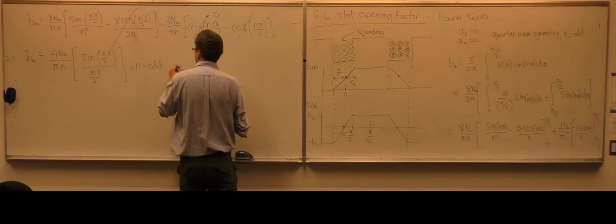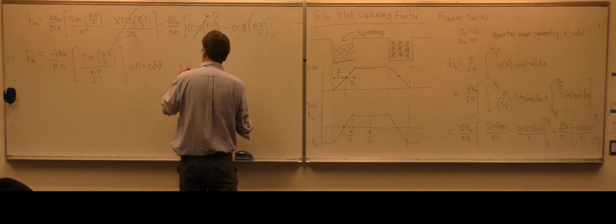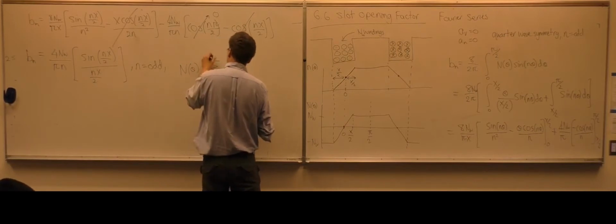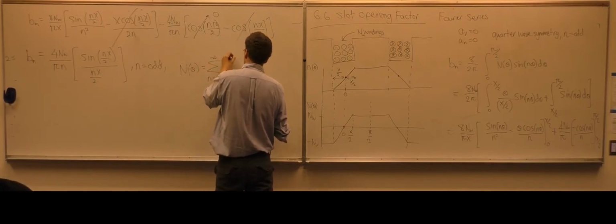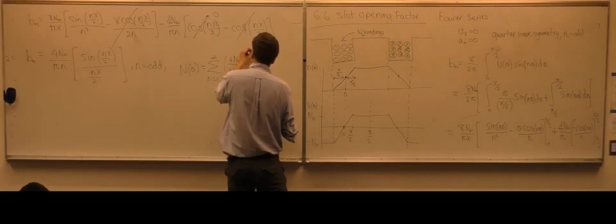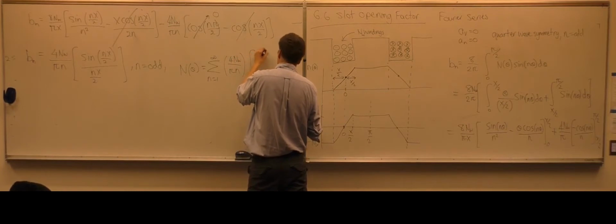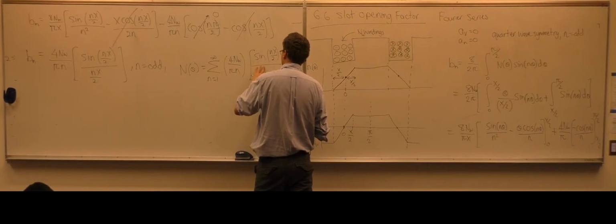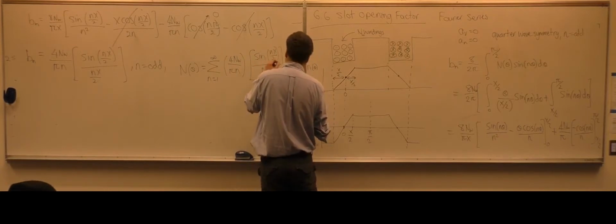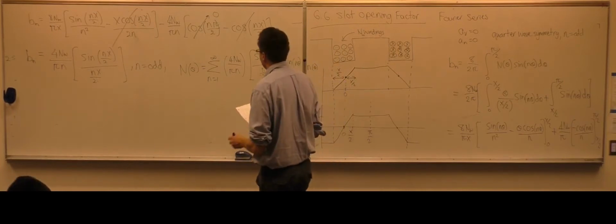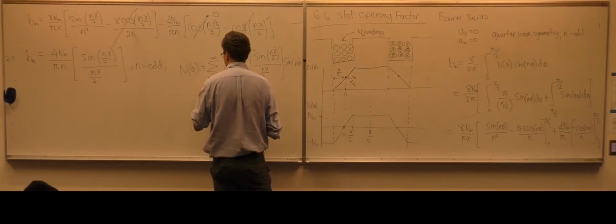So then we can put this Fourier term back into the winding function, and we get out 4 nw over pi n times sine nx over 2 divided by nx over 2 times sine n theta. And n is odd.